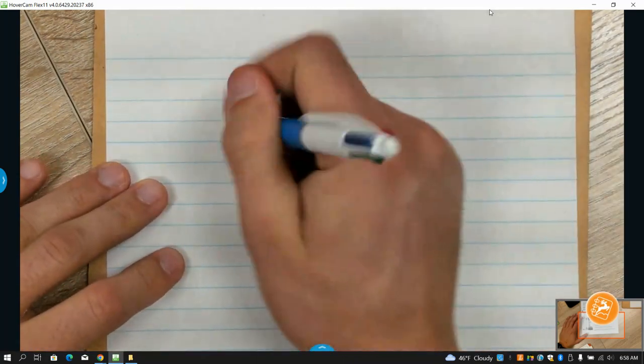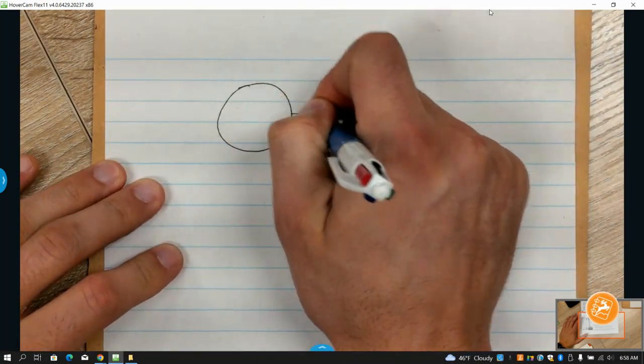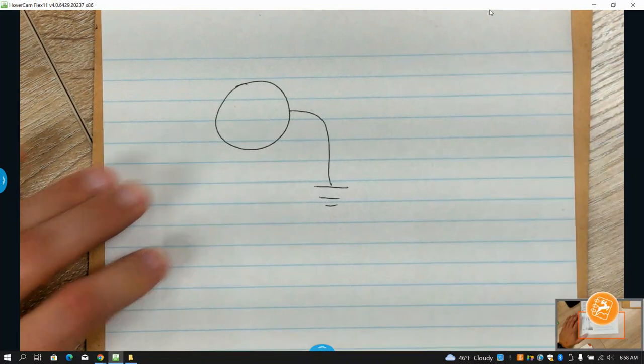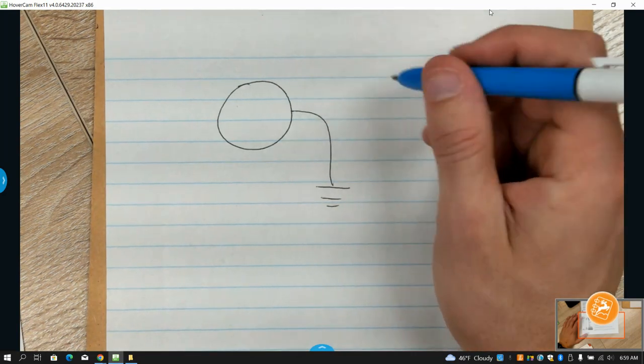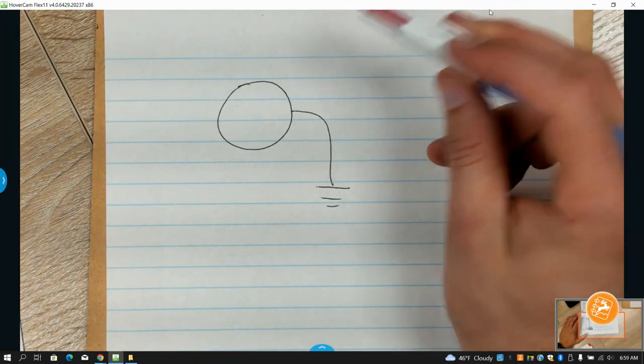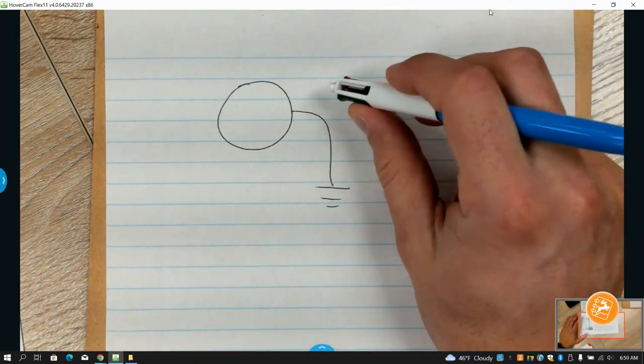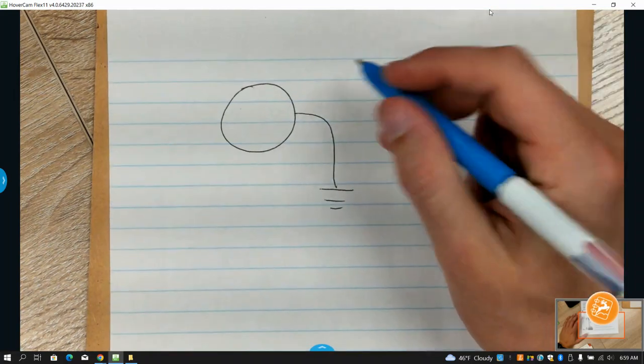This little wire is a symbol for grounding, and grounding is basically a pathway that is provided by our... excuse me, there we go. Grounding is basically a way to remove a charge, in a sense.